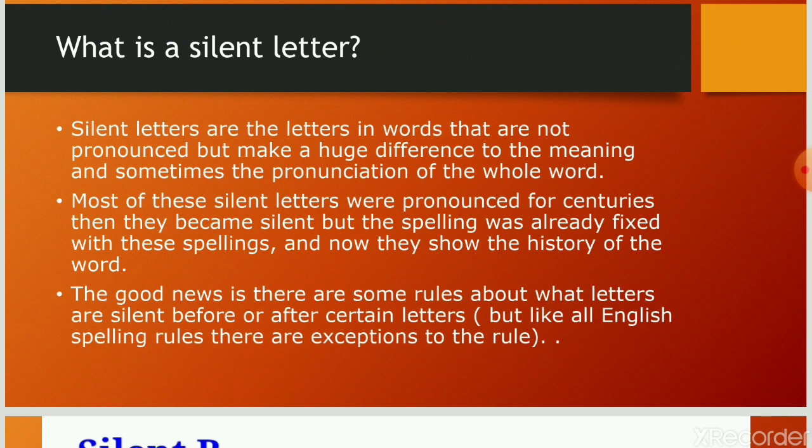Most of these silent letters were pronounced for centuries, then they became silent, but the spelling was already fixed. With this spelling, they show the history of the word.